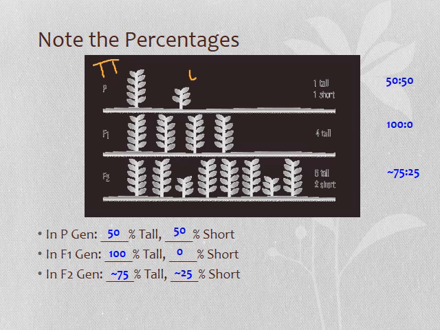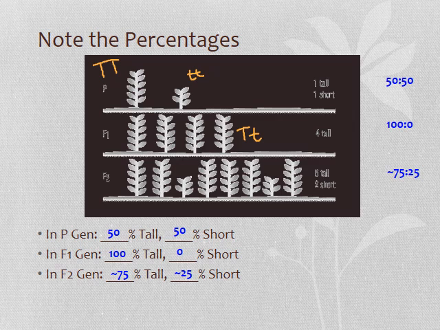And let's say that little t is our short. So in our first offspring generation here, we got all tall, but since we crossed it with a purebred short, we know that this would have to be big T, little t for all of them. So that fits our description, 100% tall, but the genotype would be big T, little t, meaning they're all hybrids.